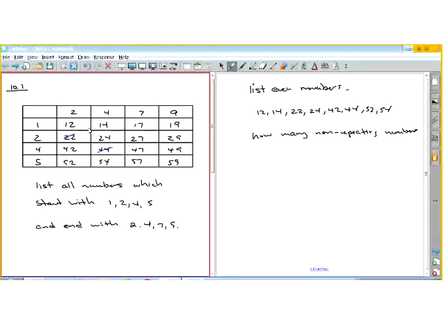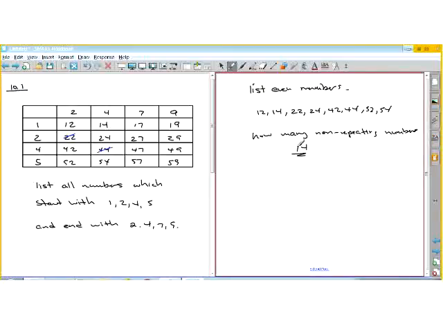So then I would just count them. I could count them all: 1, 2, 3, 4, 5, 6, 7, 8, 9, 10, 11, 12, 13, 14. Or I could say, well, I have 16 total, and I'm subtracting 2 out. So it's 14.